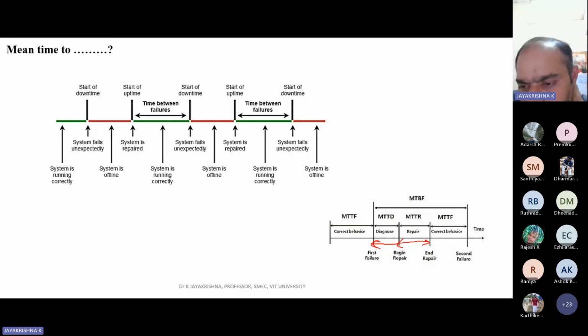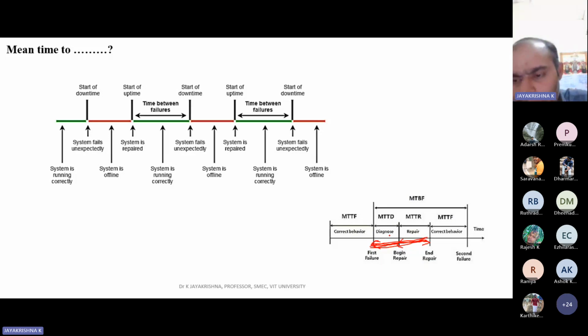This is called MTTR. But generally, MTTR also includes MTTD, the mean time to diagnose. This I didn't discuss, because what is diagnosing? When a failure has happened, you take some time to understand why it has happened. That is called diagnosing. After diagnosing, you find a solution and try to repair. MTTD is the time taken for diagnosing.